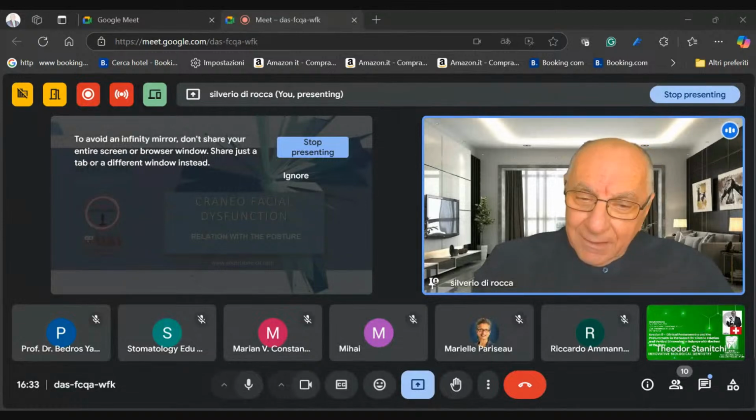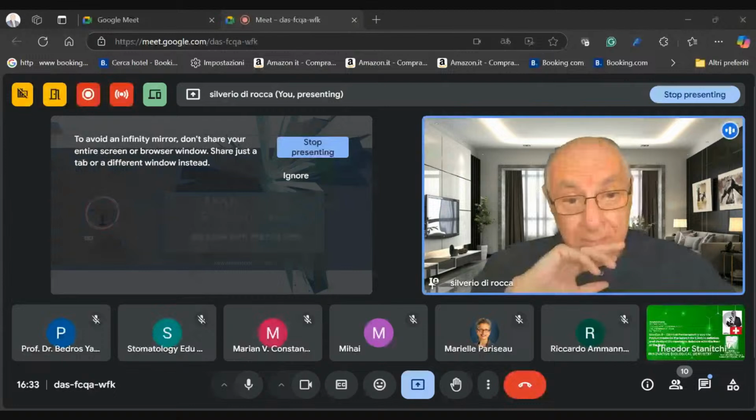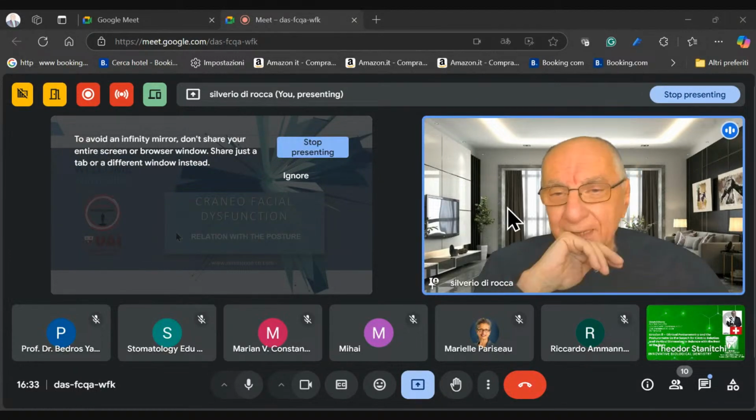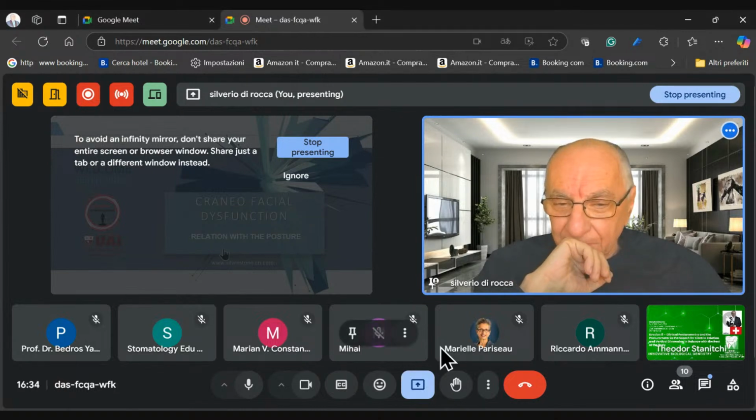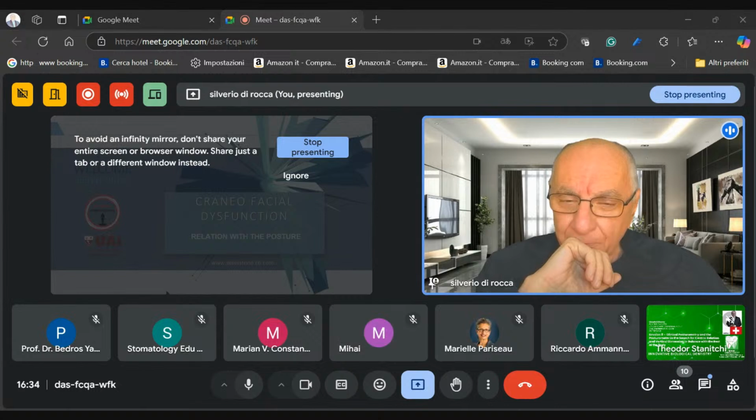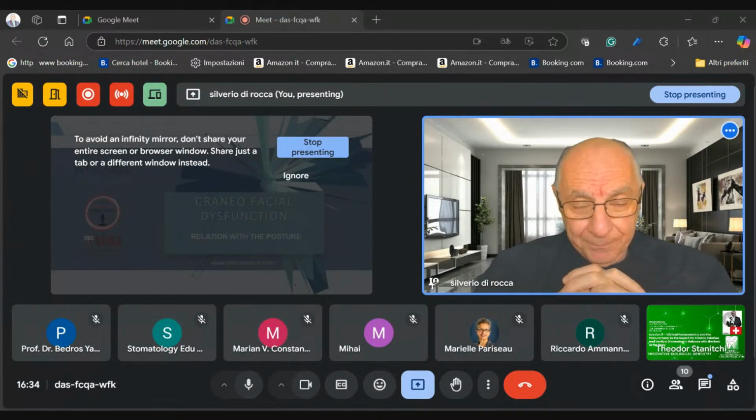And later, I start to study posturology. Imagine posturology. What is posturology? The connection between the whole body.